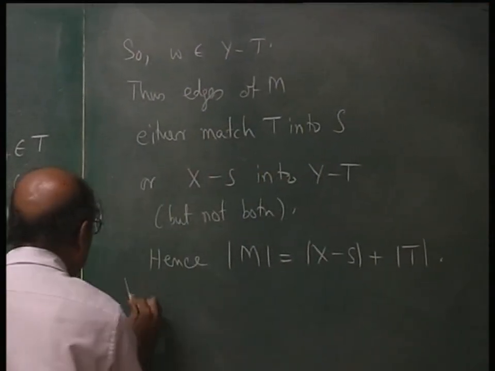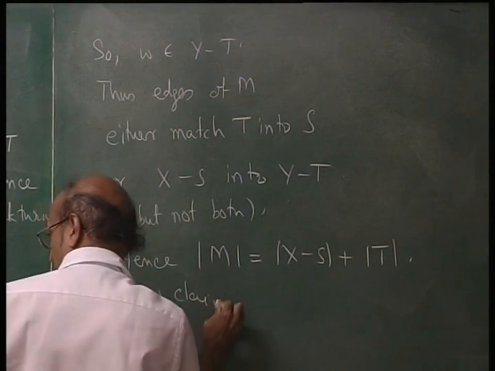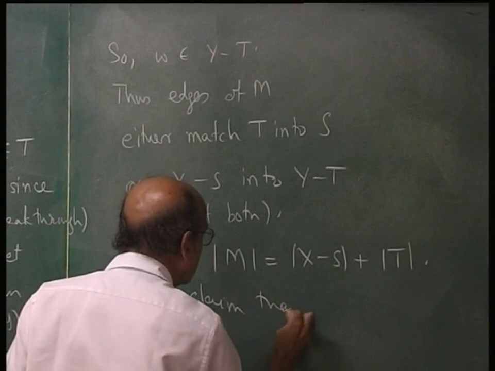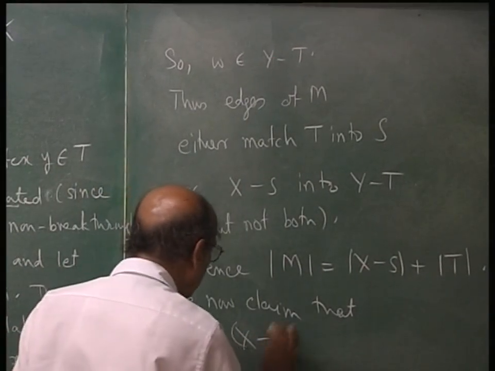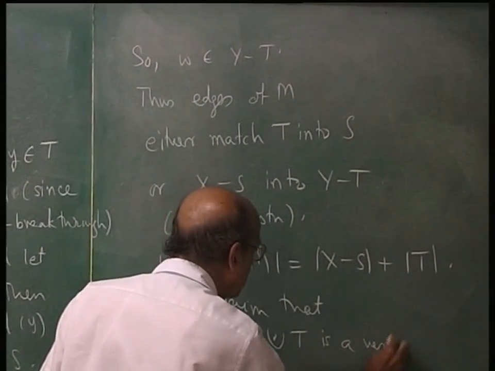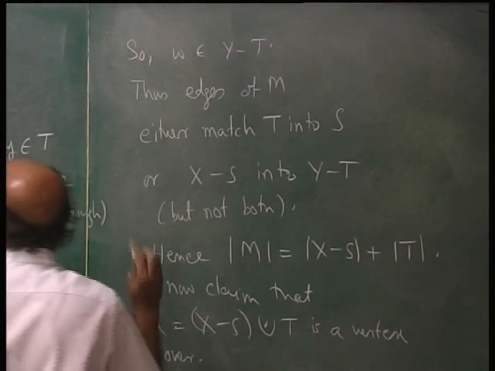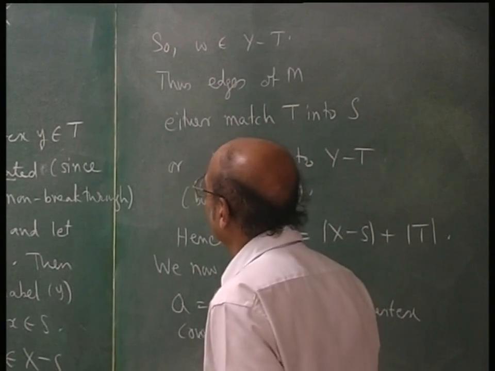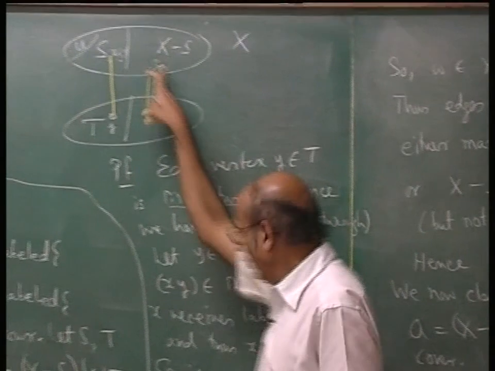We now claim that Q equal to X minus S disjoint union T is a vertex cover. Okay, so it must cover every edge. If the edge has one foot in X minus S, you are okay.